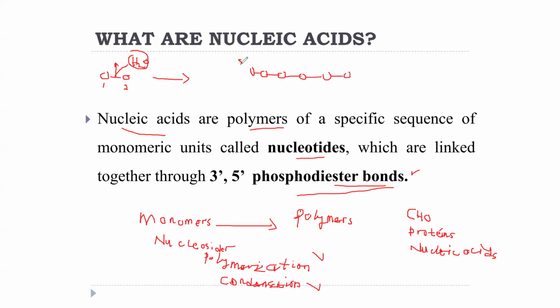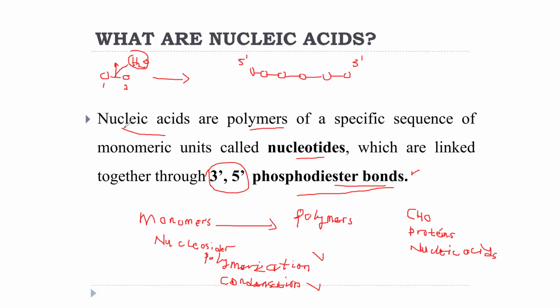This is the 5' direction, that is the left, and the right is the 3' direction. So the direction of the phosphodiester bond is 3' to 5', and that is why it's called a 3', 5' phosphodiester bond. So I think from this slide, you will be able to understand the following concepts.